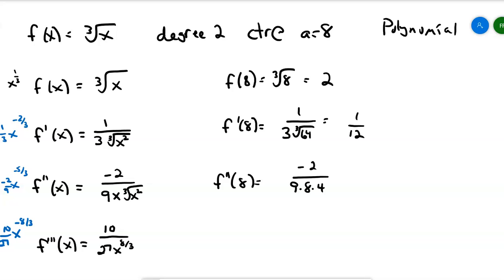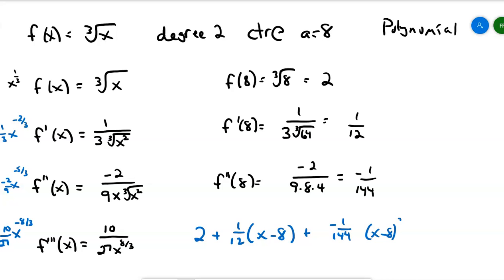All right, so if I multiply 9 times 8 times, I'll do 2 because I'm going to cancel it out with what's on the top, I end up with a negative 1 over 144 if I simplify. All right, so what does this polynomial look like? It's going to be f of a, which is 2, plus f prime of a times x minus a, plus f double prime of a times x minus a squared over 2 factorial.